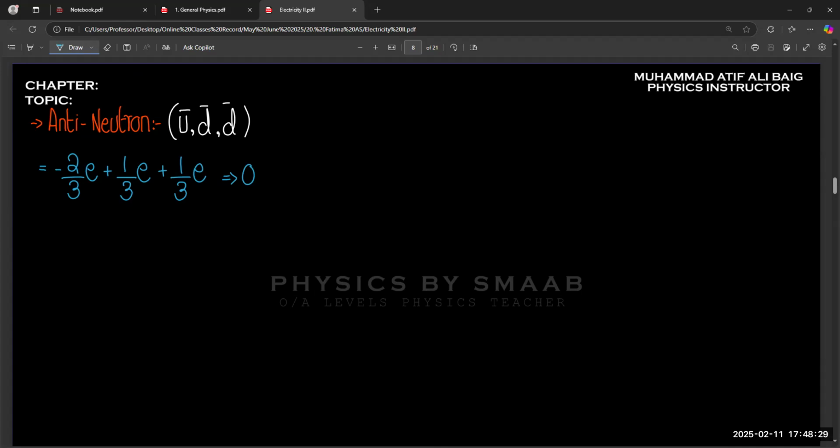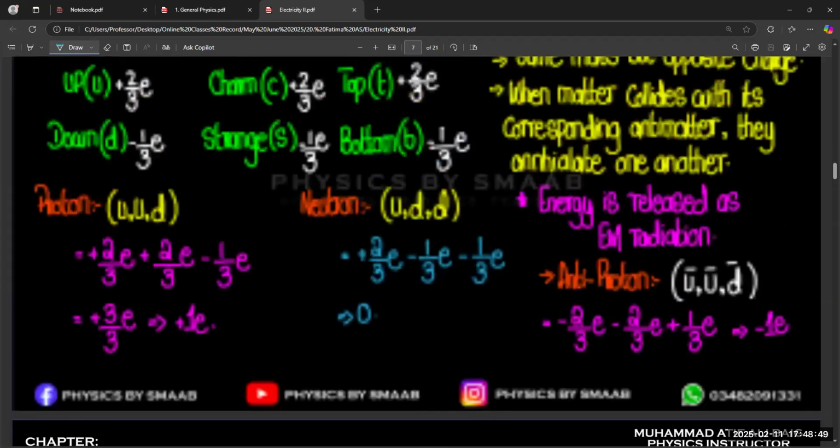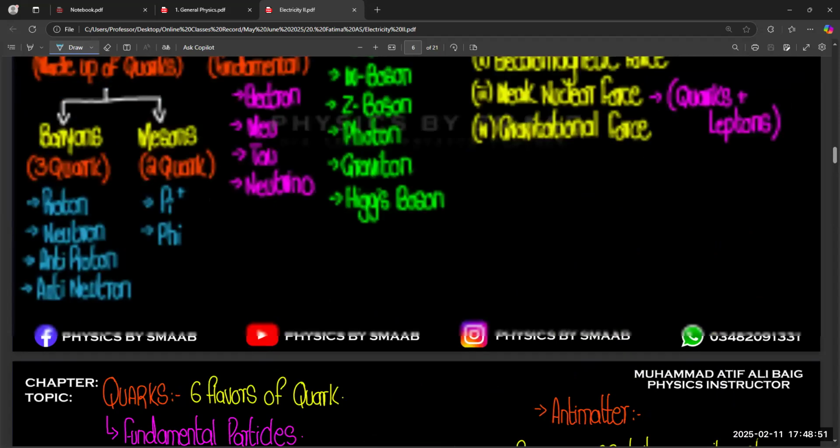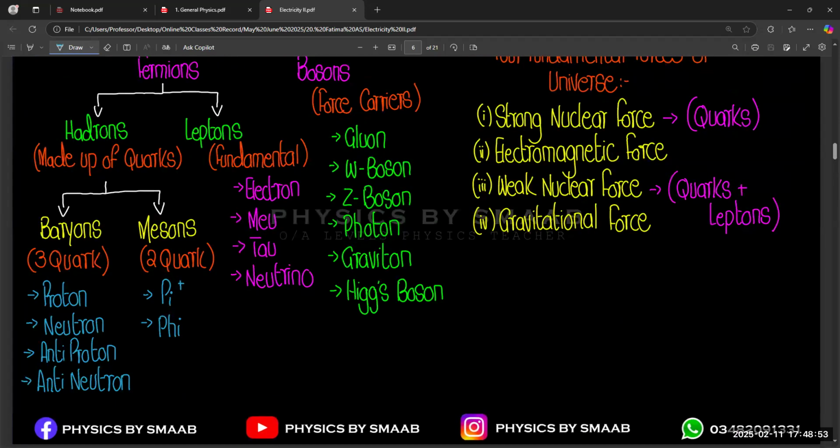So we will discuss that radioactivity concept again in this chapter, but with advanced concepts in beta positive and beta negative decay. Alpha remains the same. And further we have the category of leptons also.